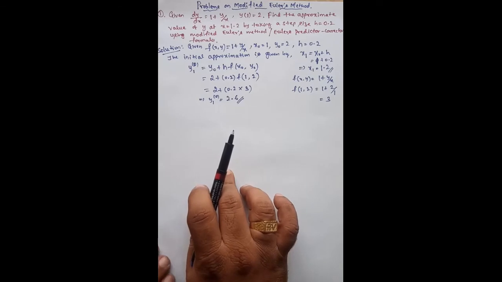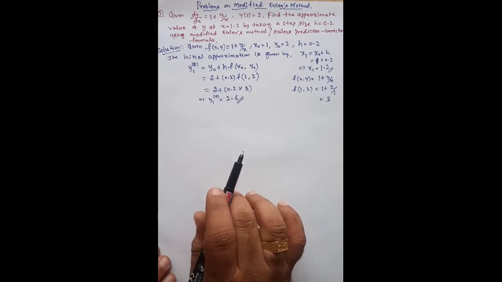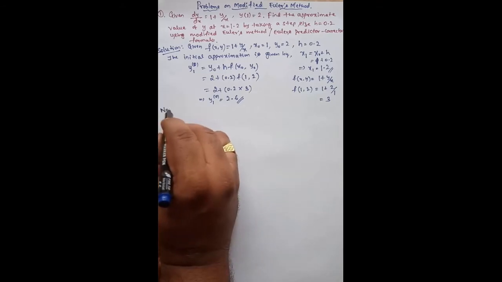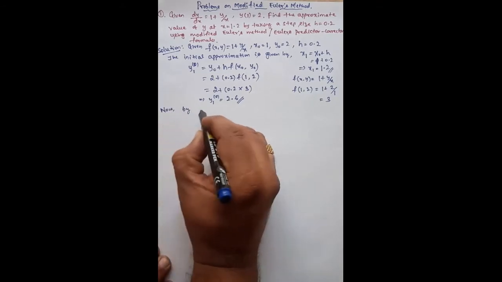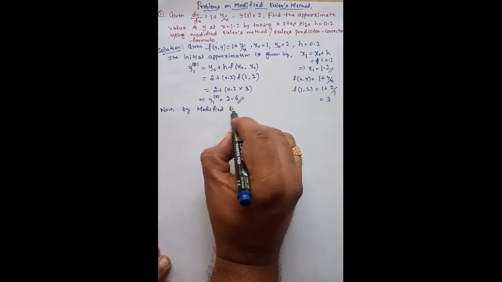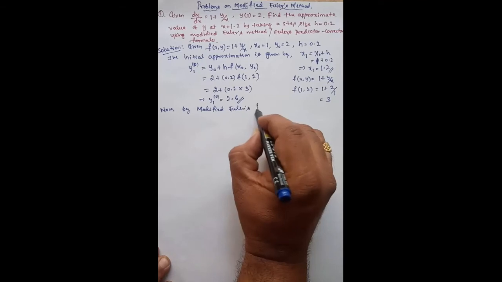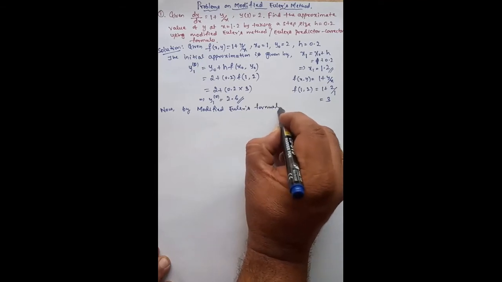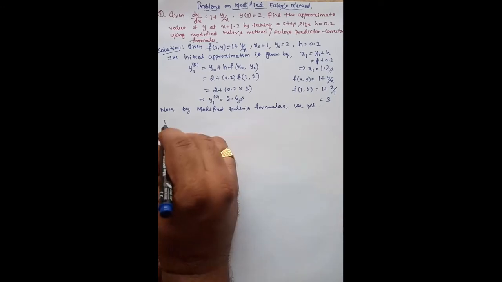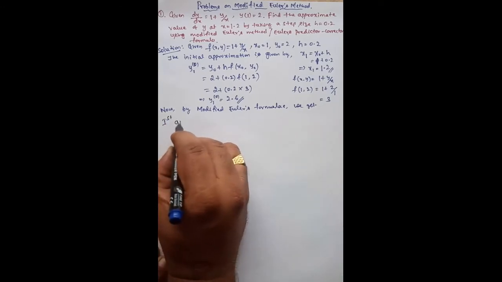Now let us apply modified Euler's method to calculate the successive approximations. By modified Euler's formula, we get, let us calculate the first approximation.